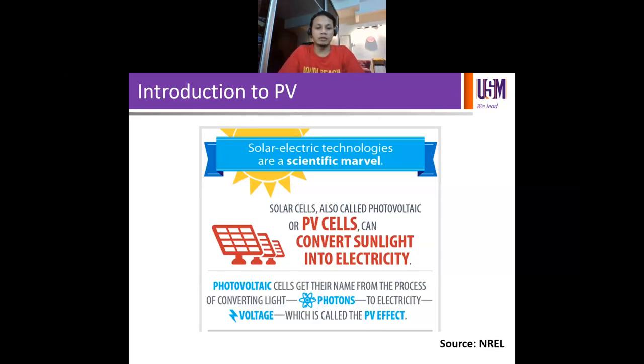PV cells get their name from the process of converting sunlight, which is photons, into electricity, and the voltage generated from the solar cell is called the PV effect, right? Photovoltaic. So the photo is from photons, and the voltaic is the effect where voltage is generated across the solar cell upon the conversion process.